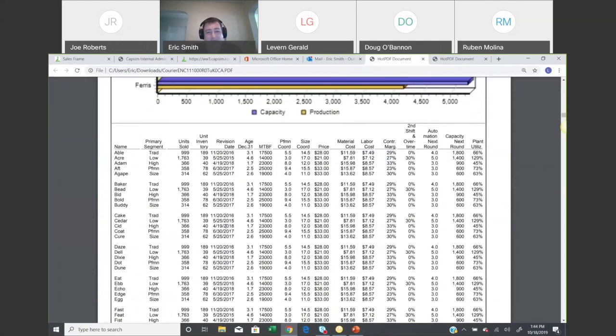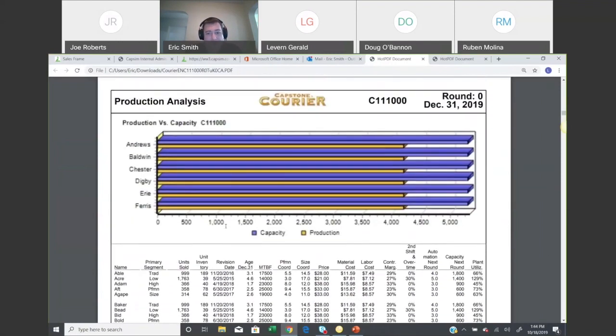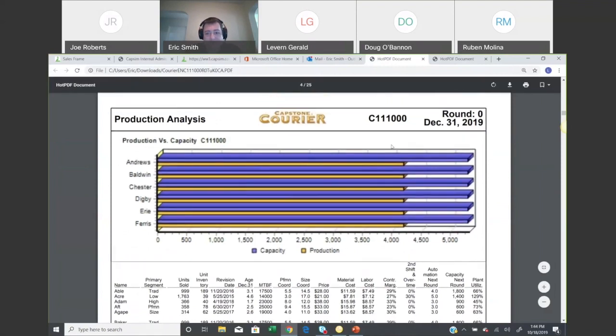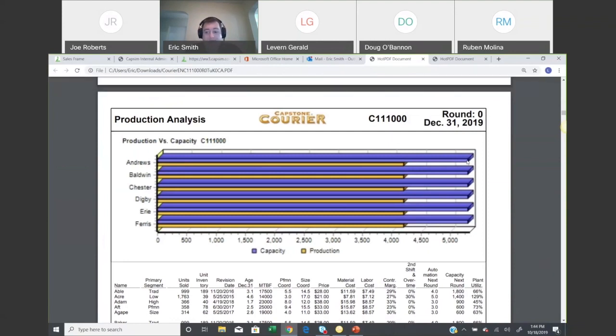I guess I might make a comment on the production info that you can see as a company. The blue line represents your first shift capacity. The yellow line represents how much production you did last year. So this is one of those underlying problems with your company that you're not even using your first shift capacity when you took over, or at least the previous ownership group wasn't utilizing their assets very effectively.